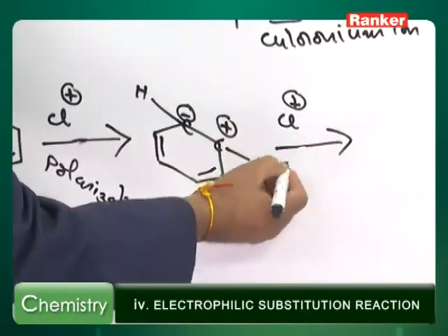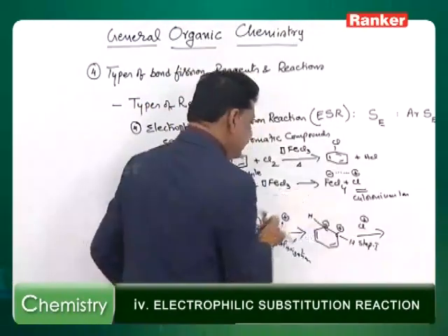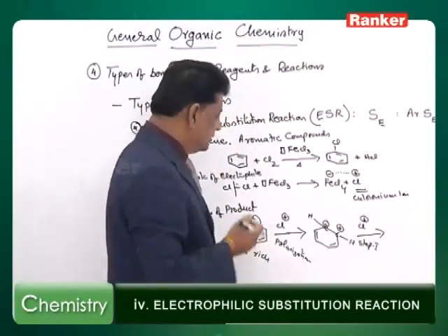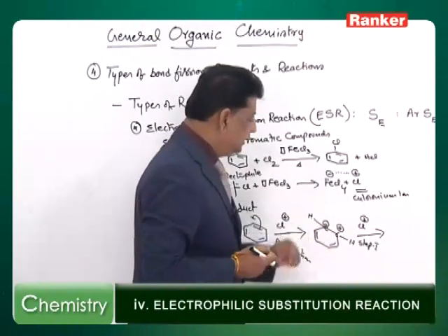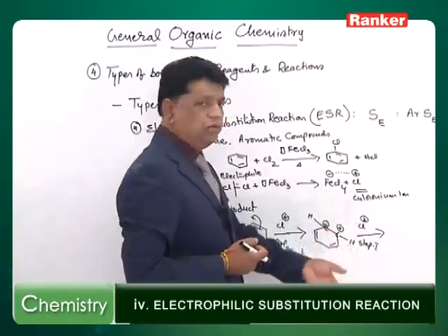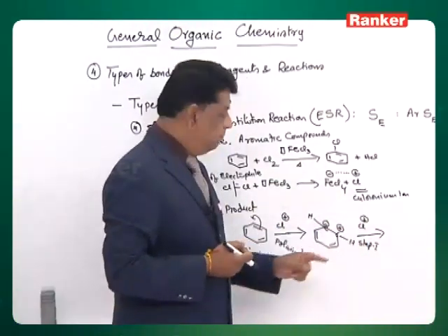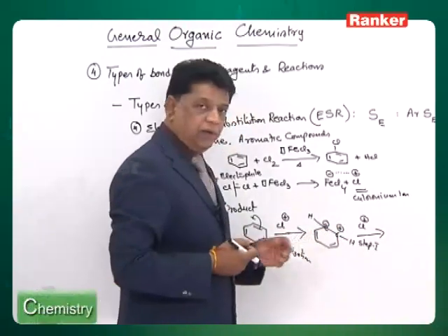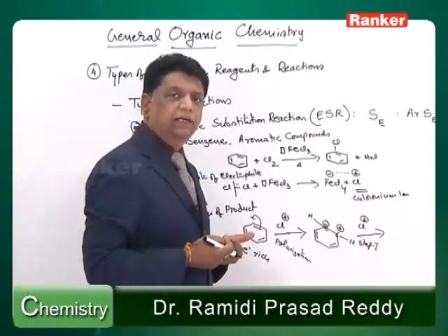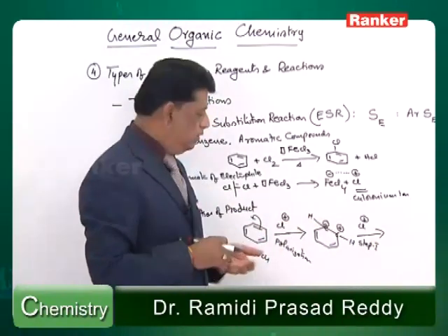This is called step 1. In step 1, Cl plus attacks. Now we have a fundamental discussion: does the minus attack the plus, or the plus attack the minus? In general we say the electrophile attacks, because it is the small one, and the small one with available kinetic energy runs fast, so that is meaningful also.